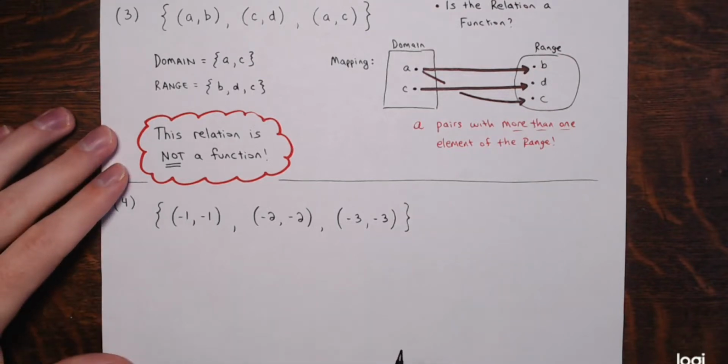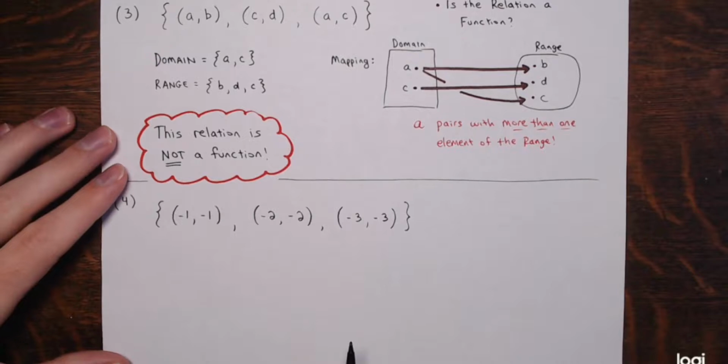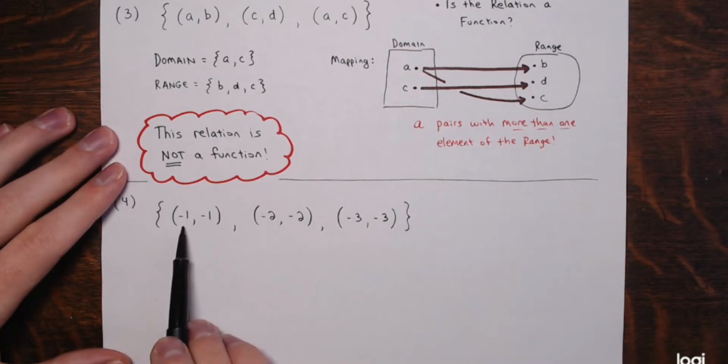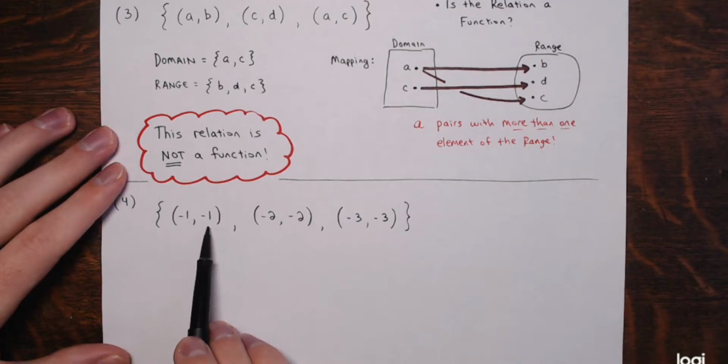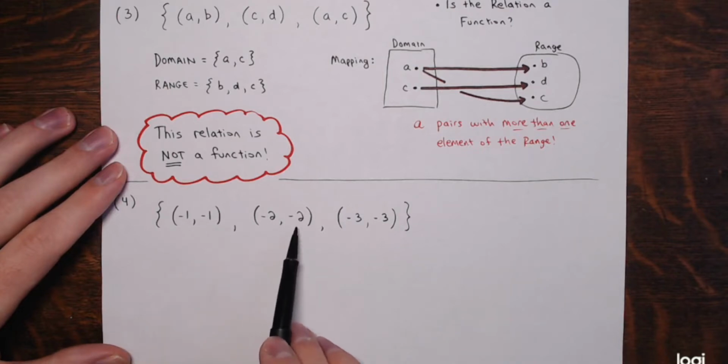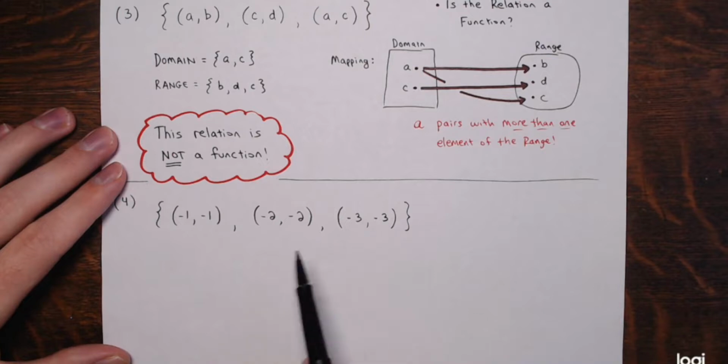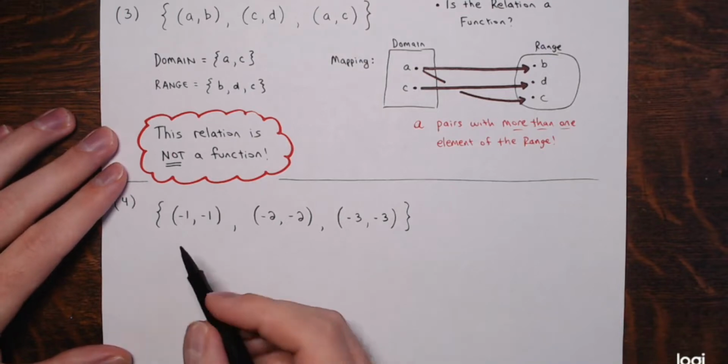We're still asking the same questions. Is this relation a function? Is every input paired with exactly one output? So here we have -1 is paired with -1, -2 is paired with -2, -3 is paired with -3. This is a function. So again, I'll state the domain.